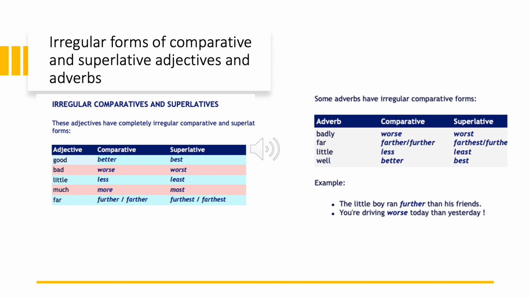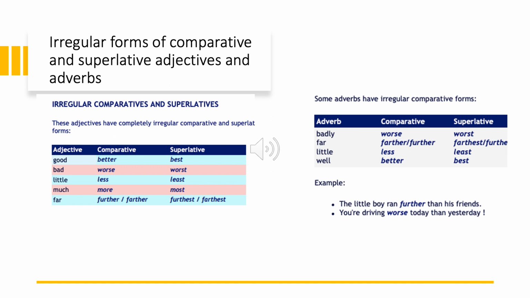In addition, there are some adjectives and adverbs which take the irregular form. They do not take the er and est form, nor do they form the comparative and superlative with the addition of more and most or less and least. They change altogether.